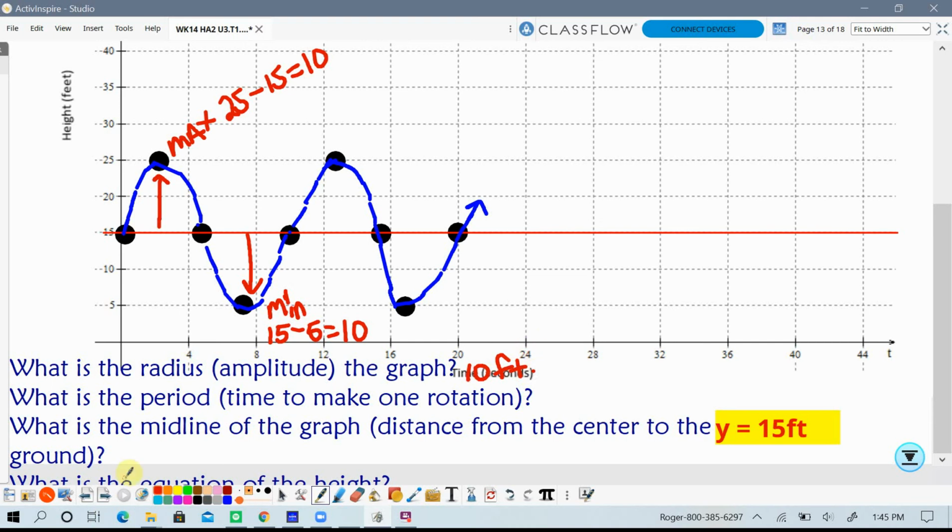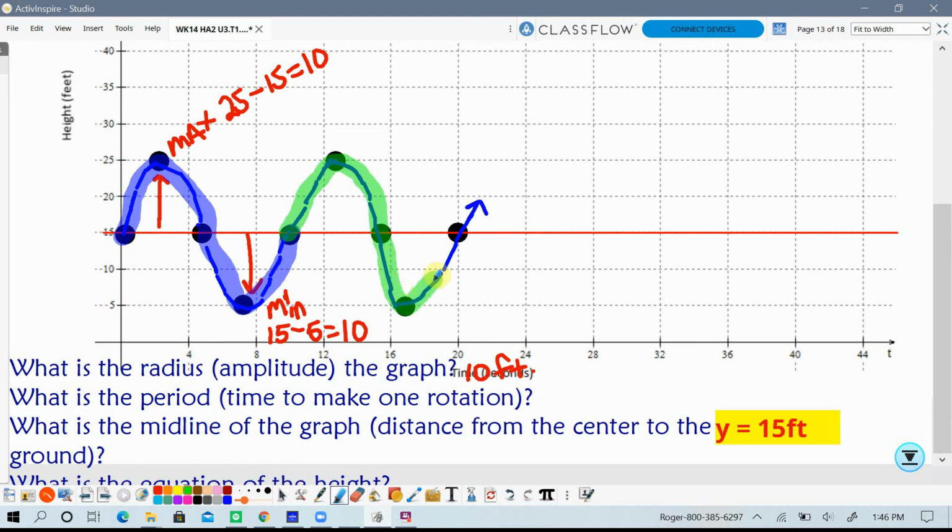Now the period tells me how long it takes to make one full rotation. In other words, on the graph, it tells me how long it takes for this shape to repeat. Counting out the first 5 points, that's the first rotation of this graph. This would be the second rotation.